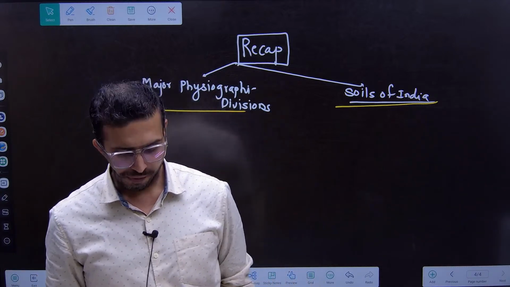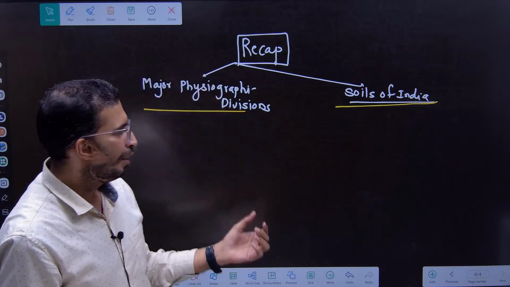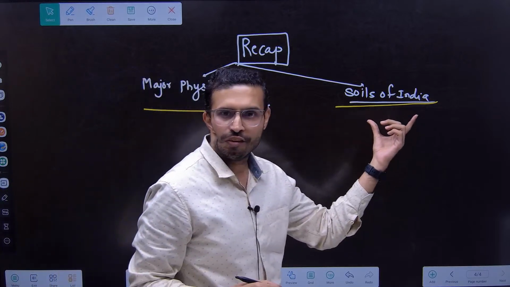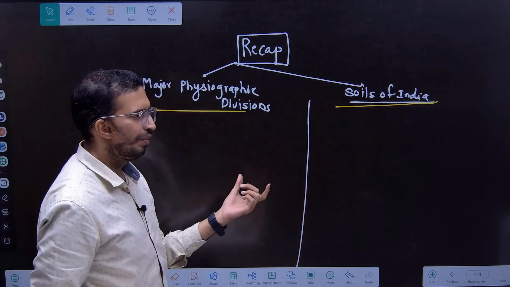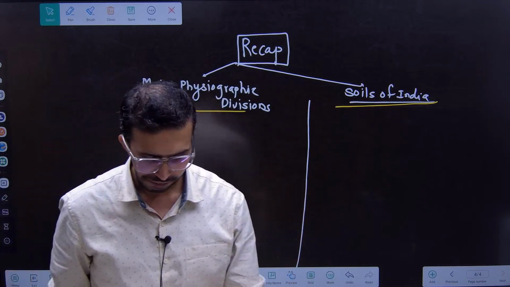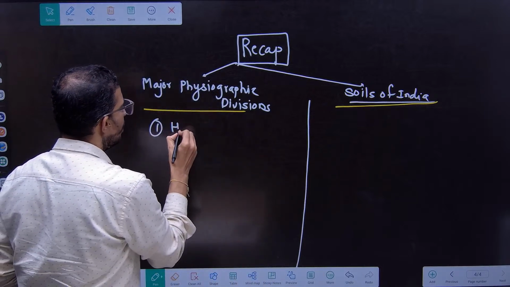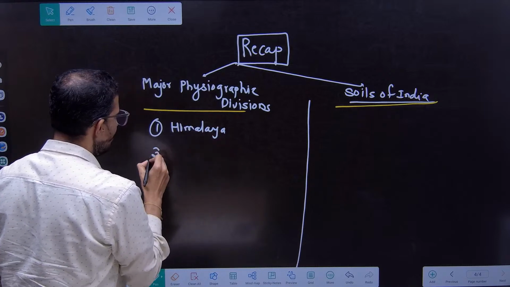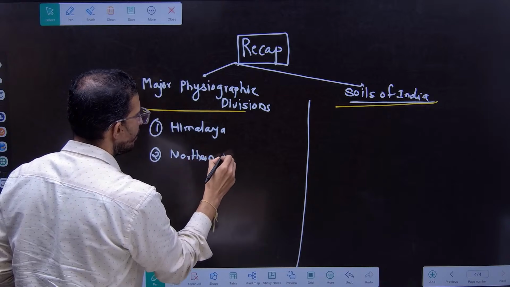In our previous lecture in Indian geography, we have studied the major physiographic divisions of India and soils of India. Which are the major physiographic divisions of India? Can you tell? The first we have studied is the Himalaya. Then second, the northern plains.